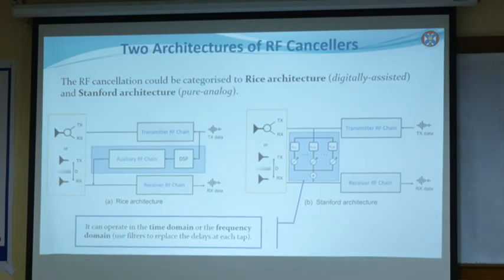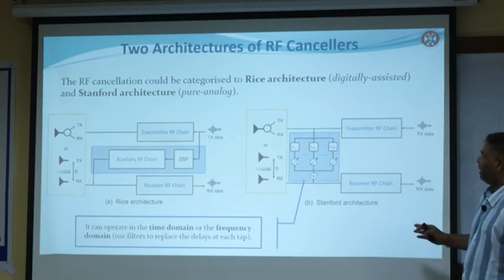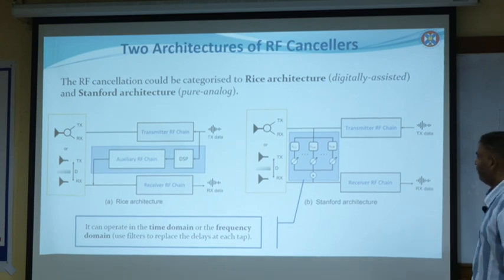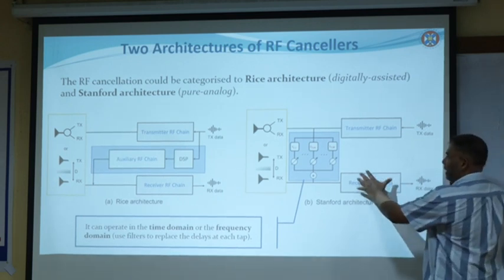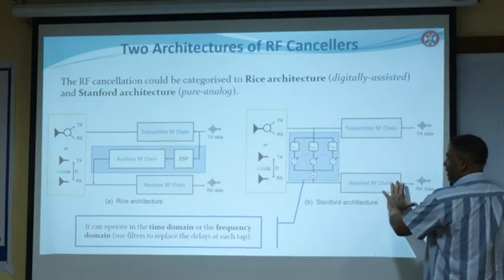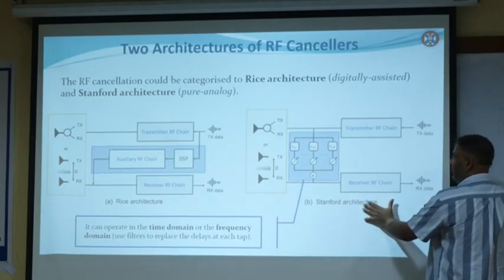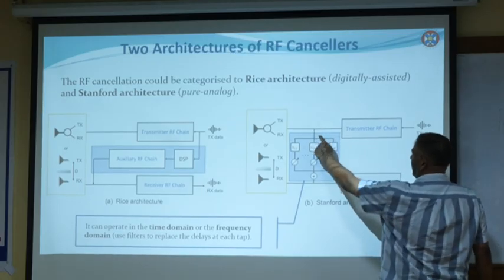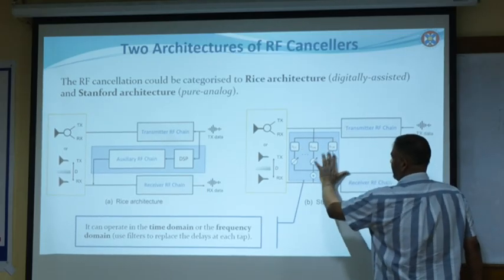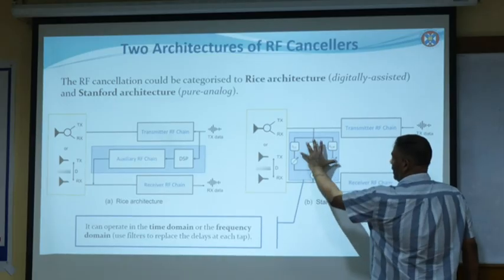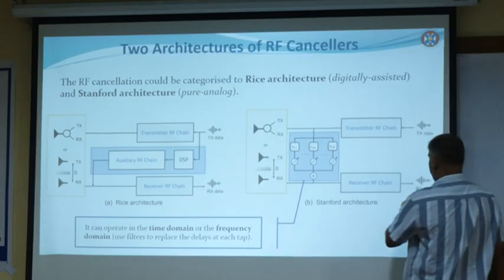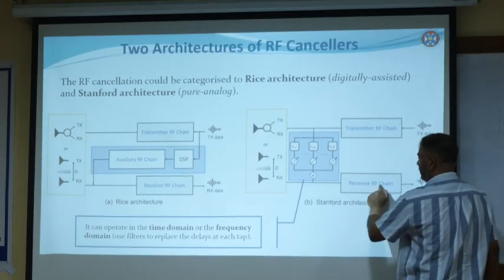Okay, so I'll explain this one. There are two architectures that people have proposed to cancel the analog domain self-interference. This is the technique proposed at Stanford University. They take the signal from here, and this is your self-interference channel. They create this self-interference channel and then subtract it from the received signal at the receive RF chain.